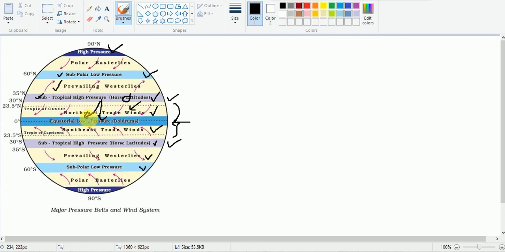This is due to the Coriolis force. And likewise from the subtropical high pressure cells in the southern hemisphere, it must be blowing due north like this, but due to the Coriolis force it is turned to the left. And like the planetary winds, the ocean currents are also deflected due to the Coriolis force. Now let us see one example.